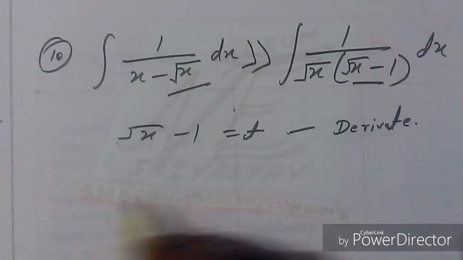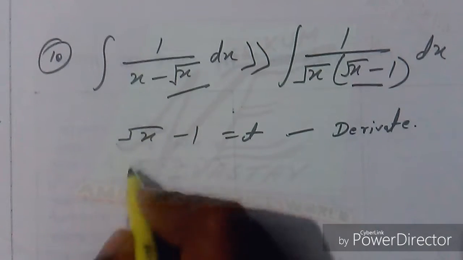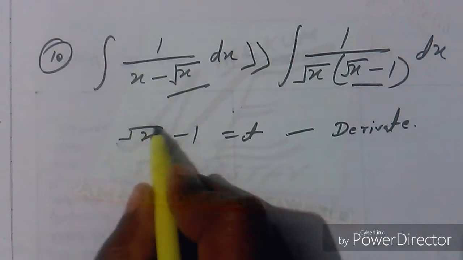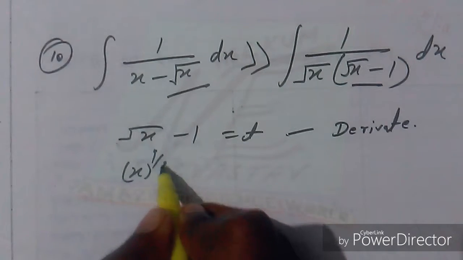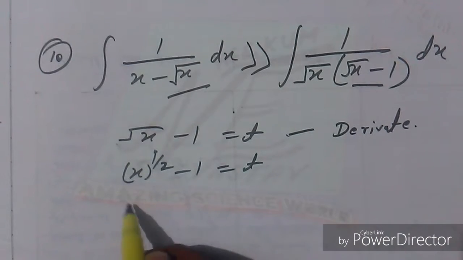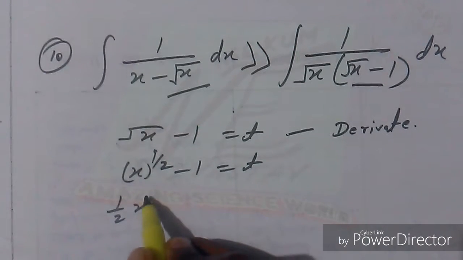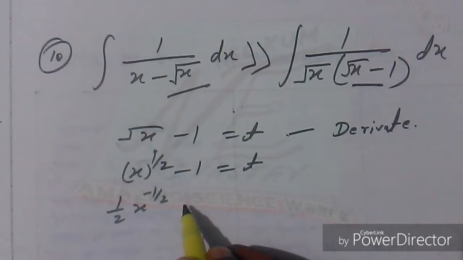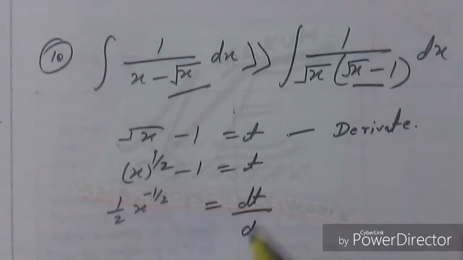My friends, now first of all we remove the under root and take power, so x to the power 1 by 2 minus 1 is equal to t. Now we derivate it, then the derivation is 1 by 2 x to the power minus 1 by 2, and the derivative of 1 is 0, equal to dt by dx.